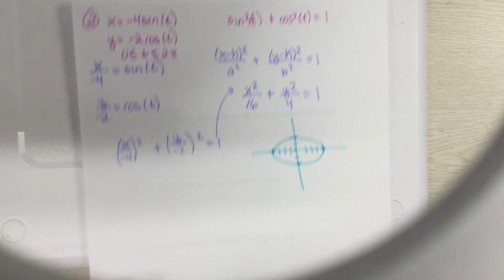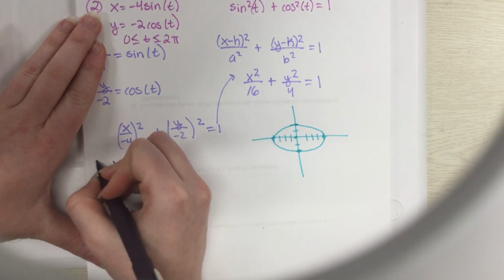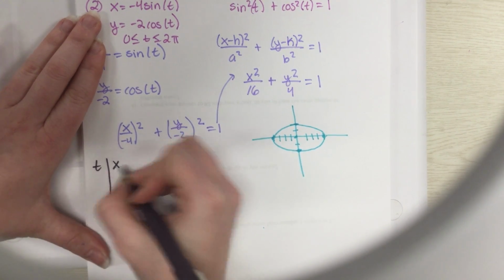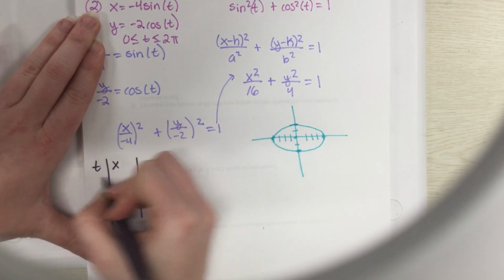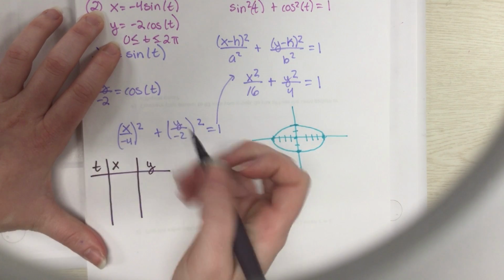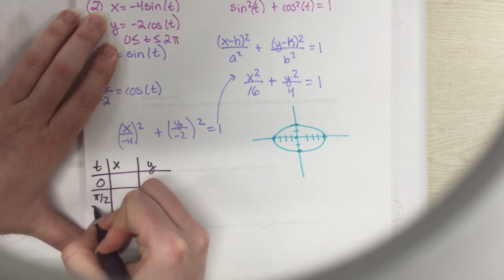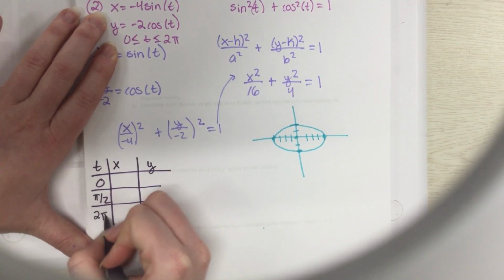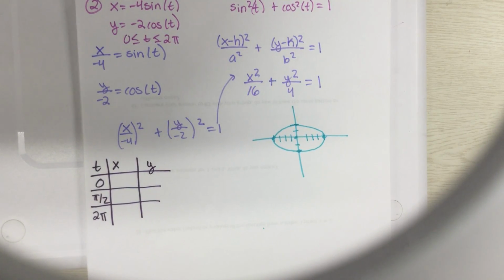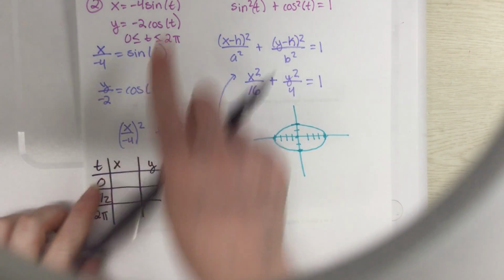Like we learned last time, you have to do a t, an x, and a y. Always start with your first t value, 0. Let's do 1 in the middle, so pi over 2, and finish off with 2 pi, so we can tell what direction we're going. So we have x, and our t value is 0.